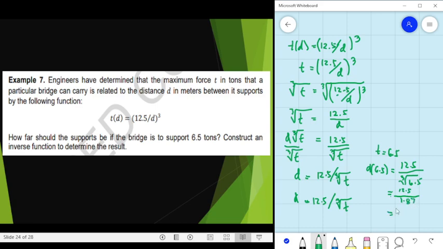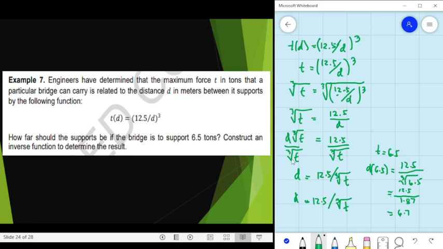And if we divide 12.5 over 1.87, it will give us the value of 6.684, which is similar to 6.7. Okay, so therefore we can say that the supports should be placed at most 6.7 meters apart.